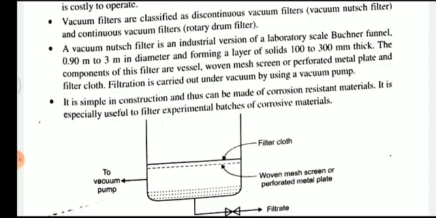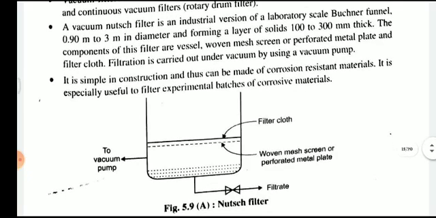A vacuum nutsche filter is an industrial version of a laboratory scale Buchner funnel, 0.93 m to 3 m in diameter, forming a layer of solid that is 100 to 300 mm thick. The components are a vessel, woven mesh screens or perforated metal plates, and filter cloth.